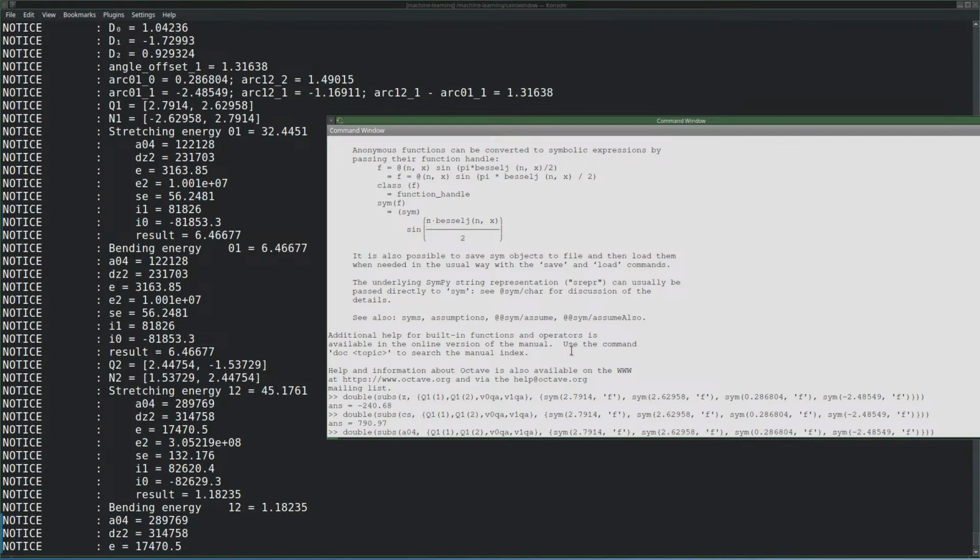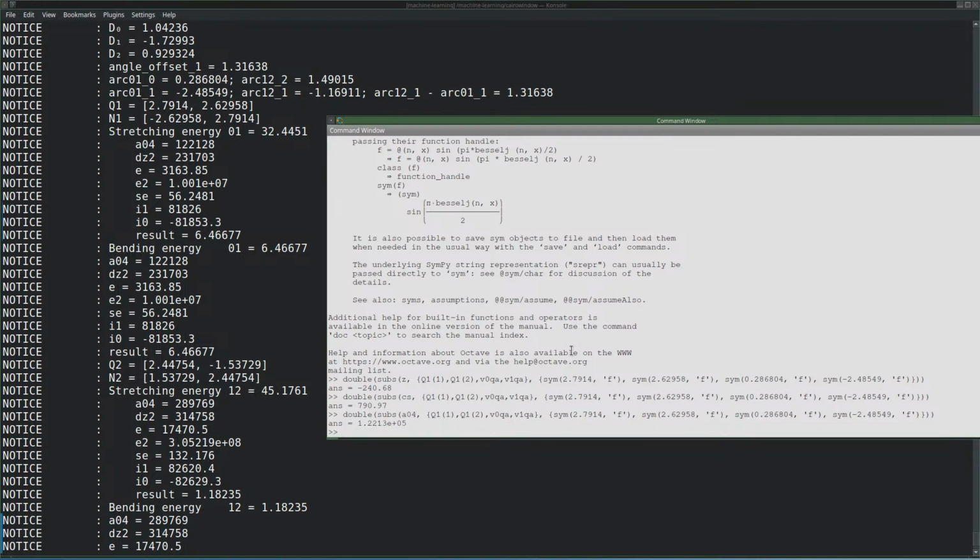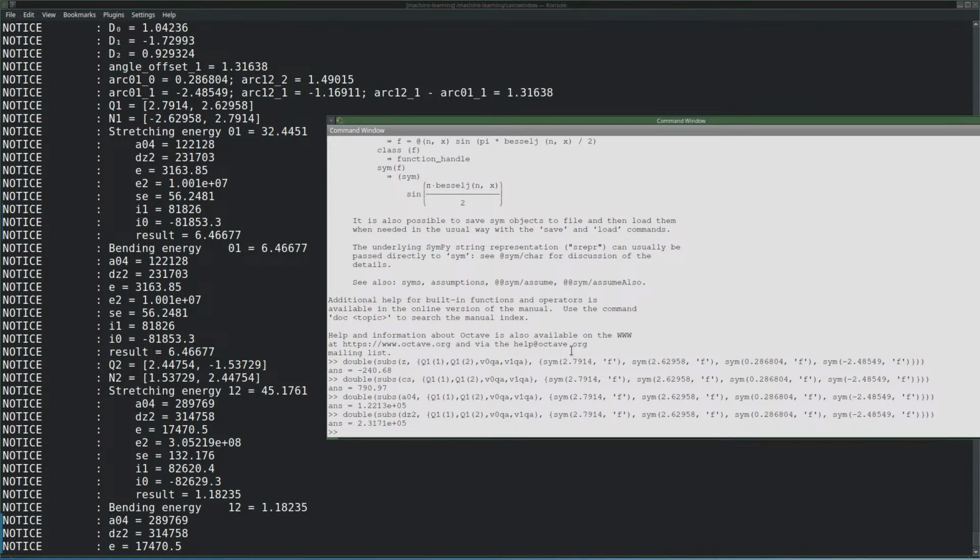A04. Yeah, that's correct. 35, okay. DZ2. Same thing. Well, the 1 there is a bit weird, because if it is 03, then why the hell would it print a 1?